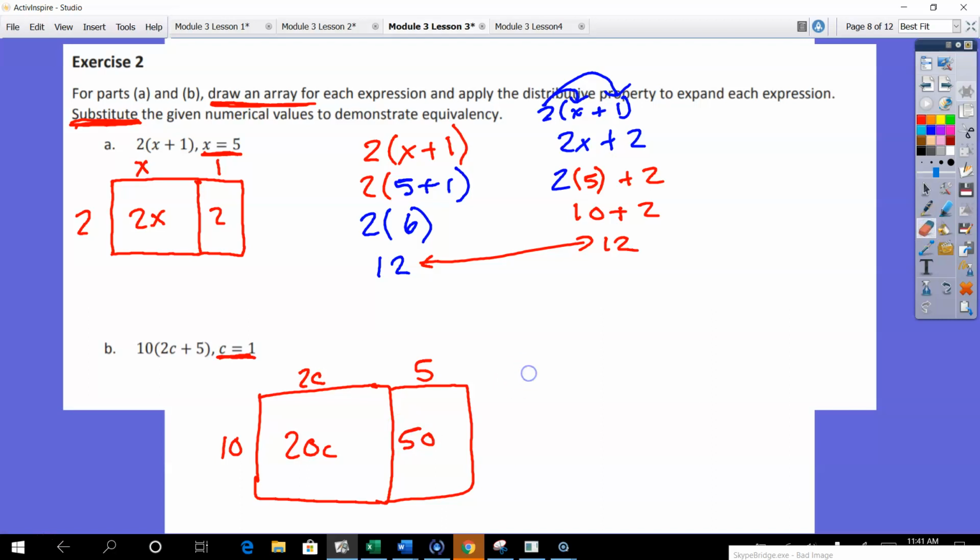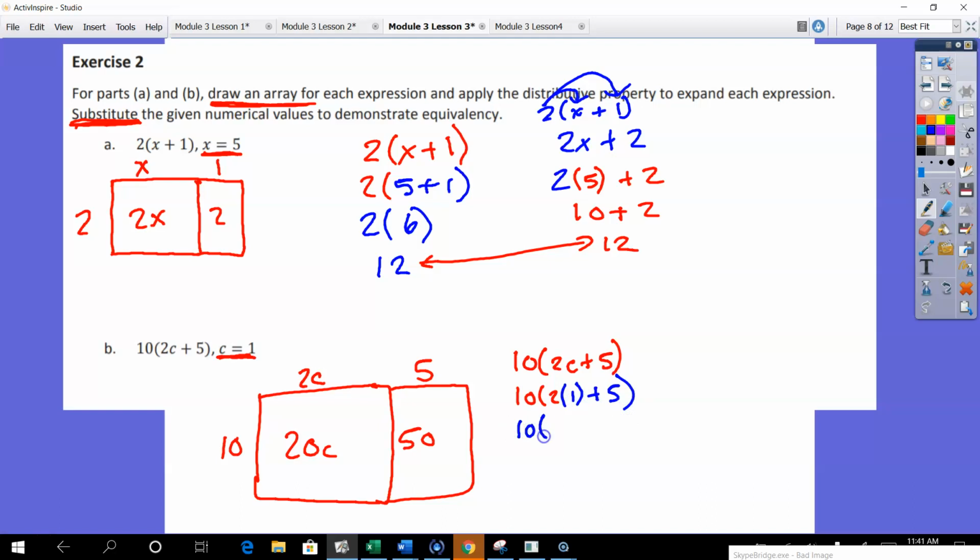So we'll start out with our original. We had 10 times 2c plus 5. So 10 times 2 times, we said c is 1, plus 5.